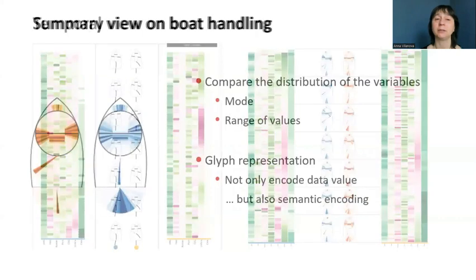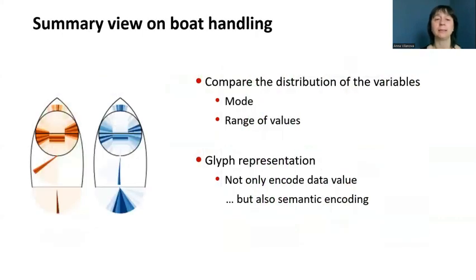The glyphs are also used, as I said before, to make comparisons between the boats in intervals of time or through the whole session, and then they can evaluate the mode of the range of the values that have been used in the two boats to take conclusions. And one important aspect is also that the semantic encoding helps to analyze the data.